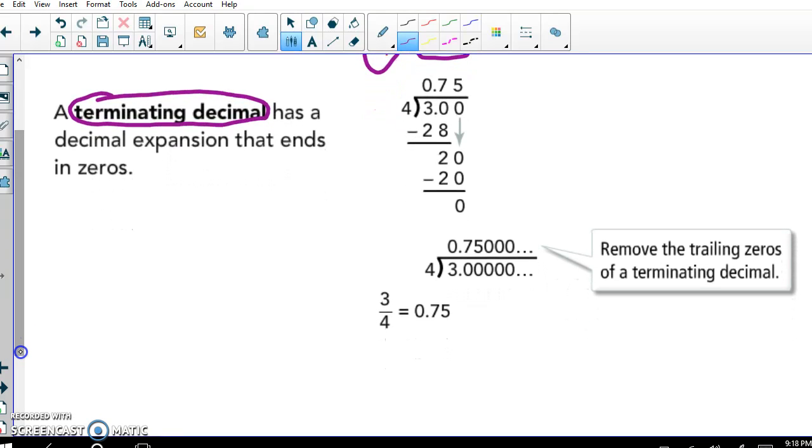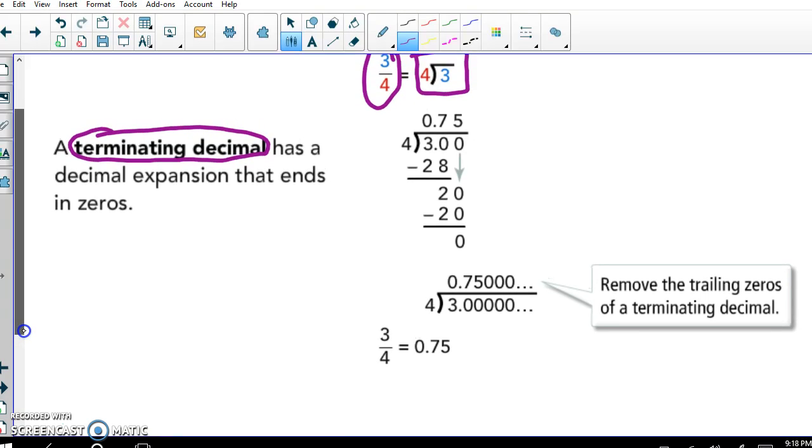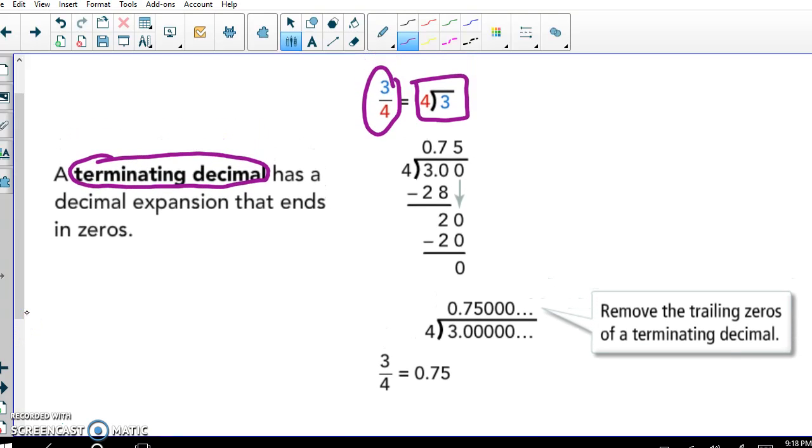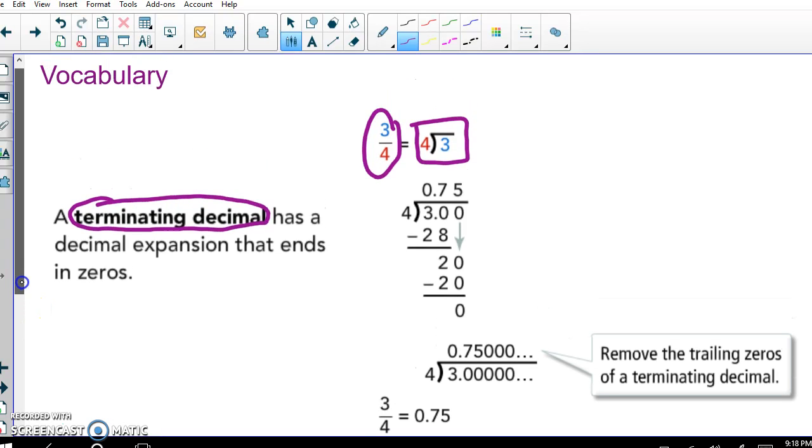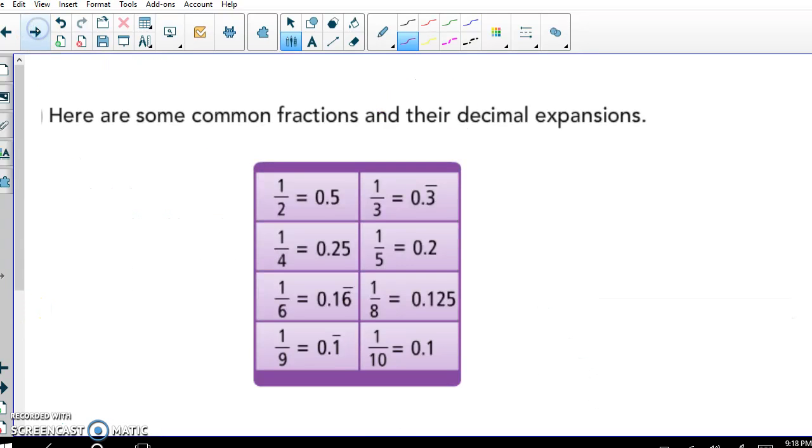So that's what a terminating decimal is: it's one that ends in zeros. There's no repeating term at the end, no repeating place at the end. It simply ends in zeros, although we typically don't write those. So let's look at a few common fractions and their decimal expansions.